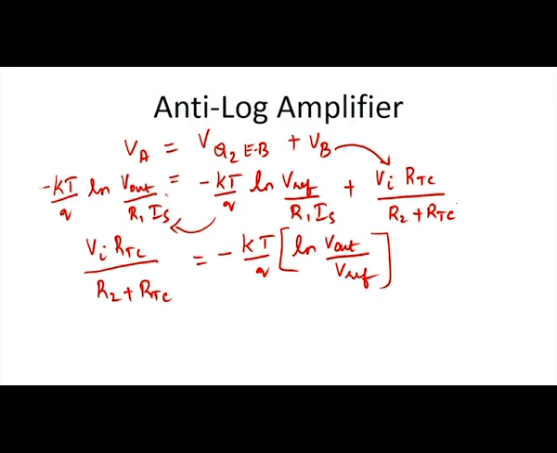These R1 IS will get cancelled. If you have a minus term in the natural logarithm, then you have to divide. So, V out by V reference.